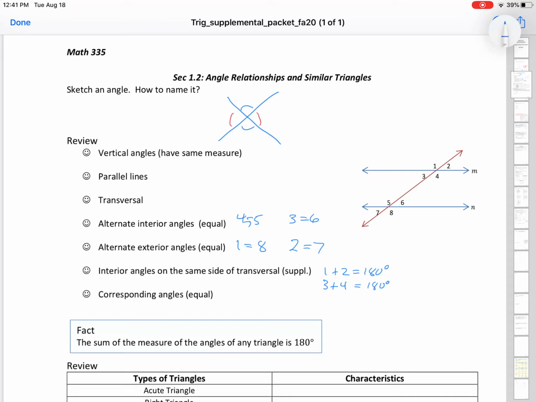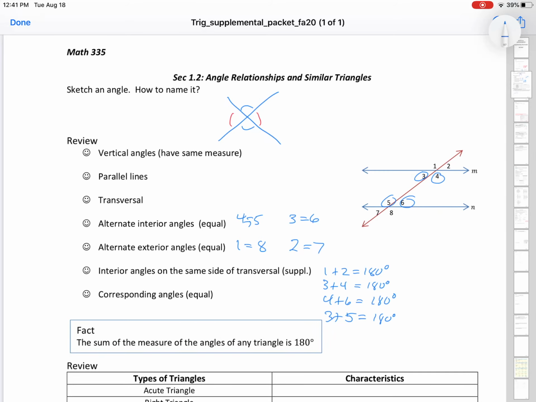But specifically they're talking about, well, you can see the 1 and 2, but then they'll also claim that 4 and 6, right? Interior angles on the same side of the transversal. That's probably a better way to read that. 4 and 6 is 180 degrees, and 3 and 5 are adding up to be 180 degrees.